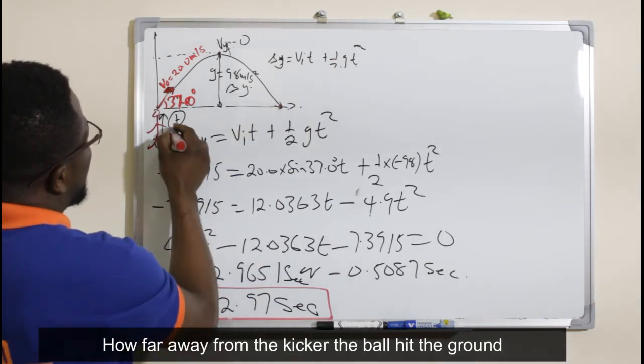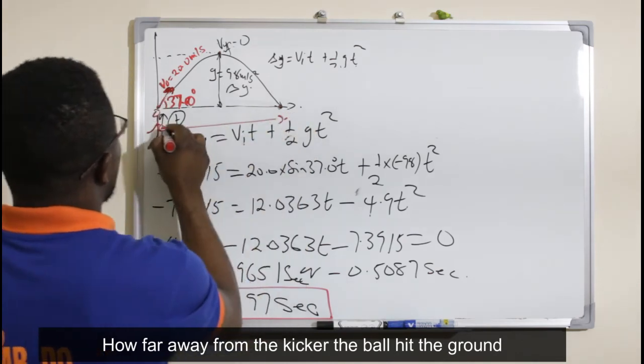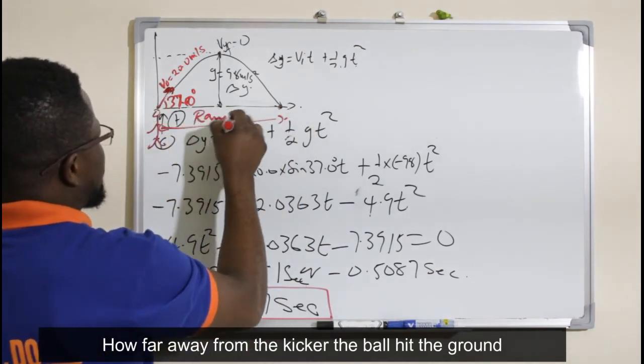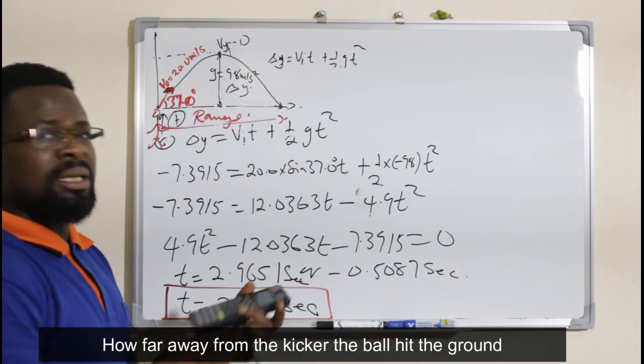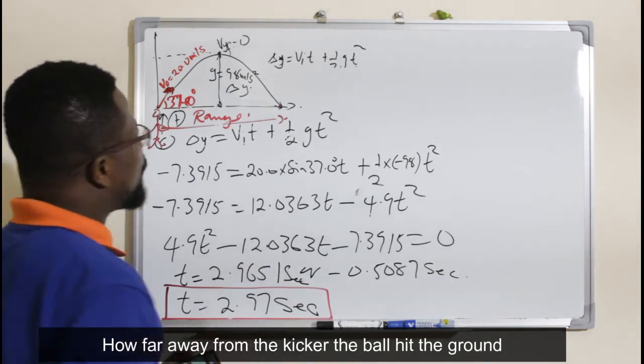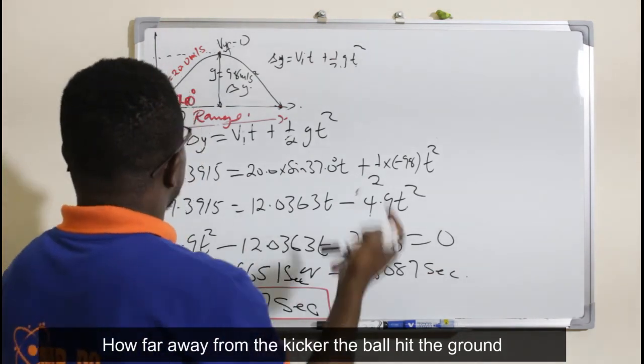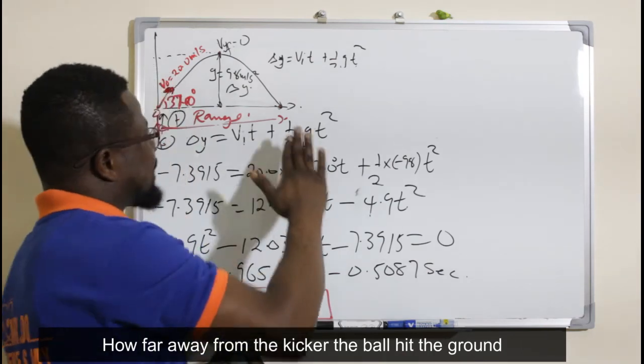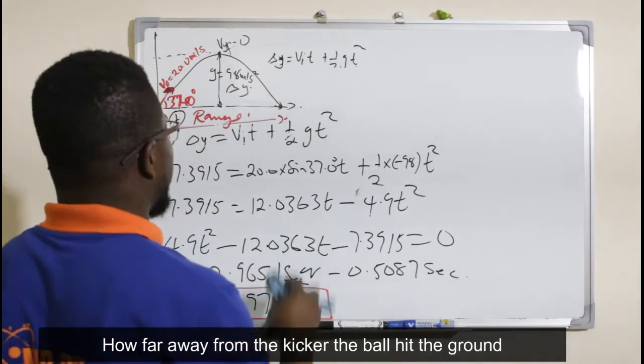So what we are looking for is from here to here, which is the range. So we are looking for the range in this case, which is the same as the change in x, because it is in the x direction.